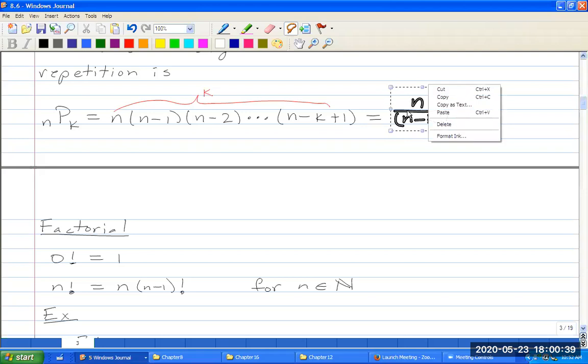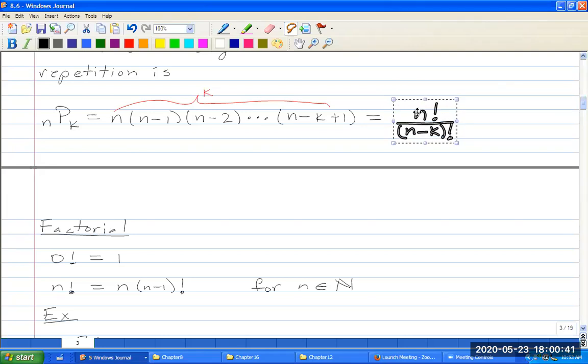A factorial is defined as follows. This little exclamation point means factorial.